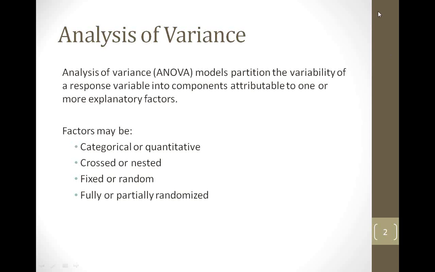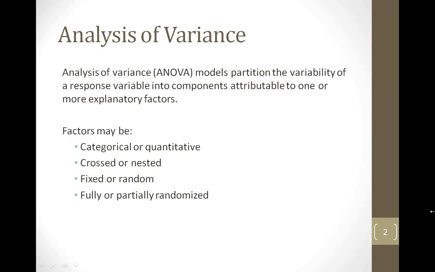Now when I talk about an analysis of variance and analysis of variance models, I'm talking about statistical models that look at a response variable, some response variable that I'm interested in, and partition the variability in that response variable into components that can be attributed to one or more explanatory factors. There may be just a single factor if you're doing a one-way ANOVA, or there could be quite a number of factors in a more complicated design.